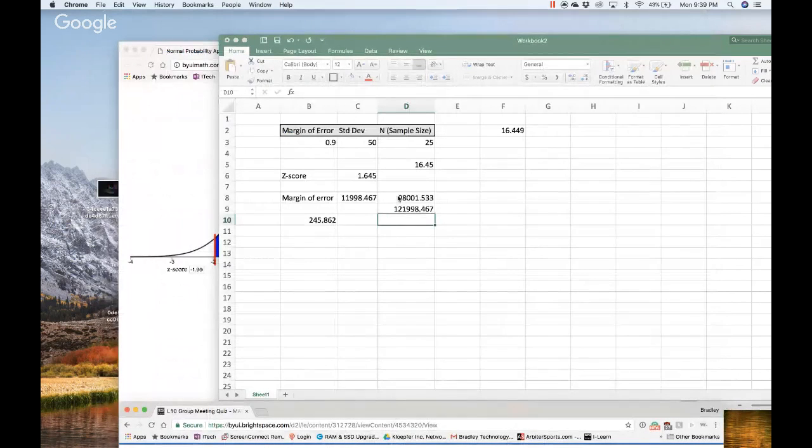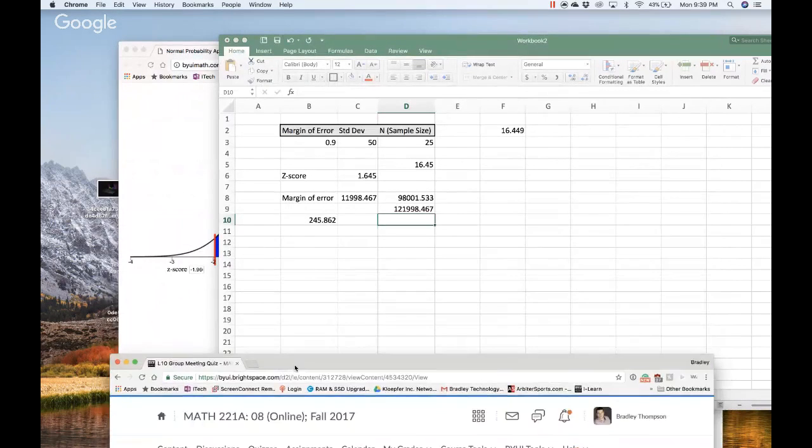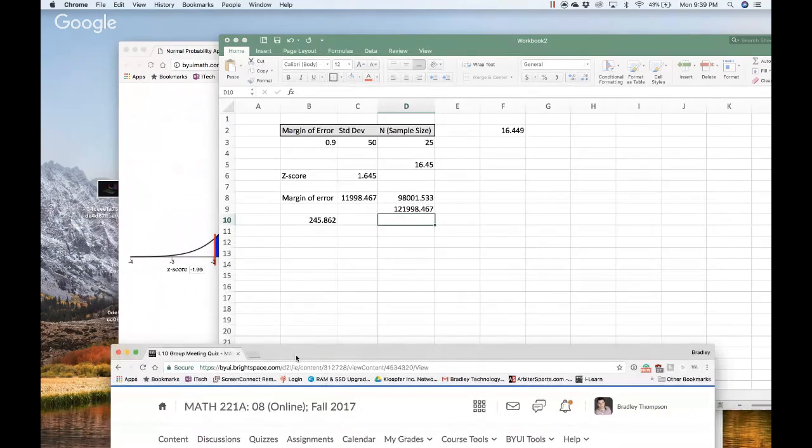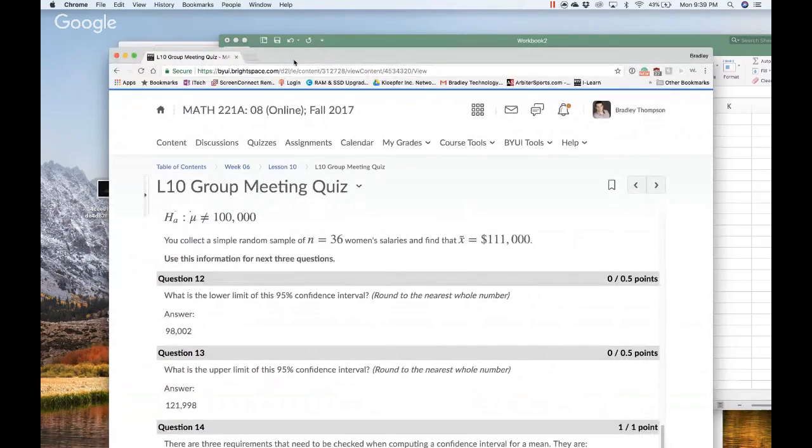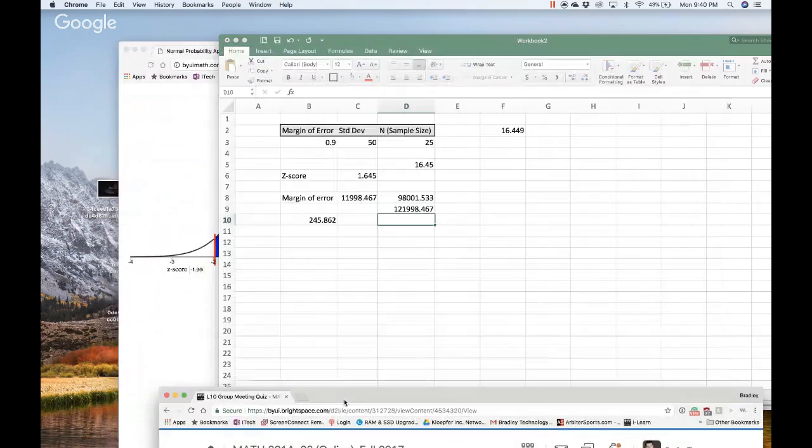I had 98. I came up with 99 though. What number are we talking? 12 and 13? Yeah, they're both worth half a point. I got 99.9900 rounded up to 2. Let me submit mine.